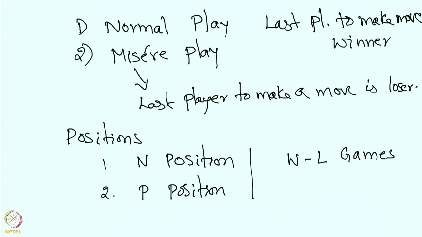Now, let us look at a simple game and we will discuss how this can be done. Let us look at the chomp game. I will consider a very simple chomp game. So, this is the poison. Now, this is the initial position. From here there are multiple possibilities that can happen.